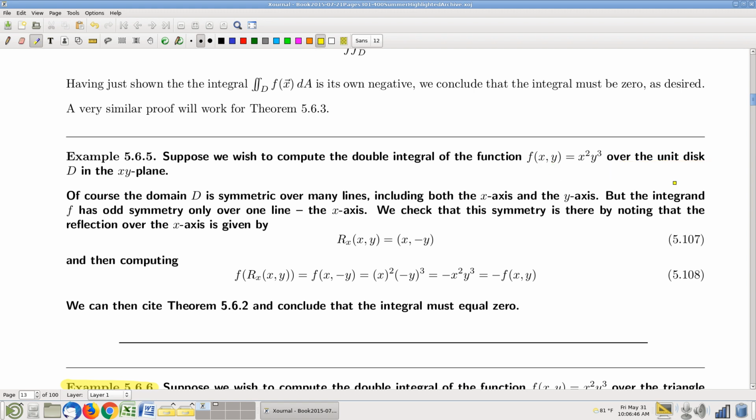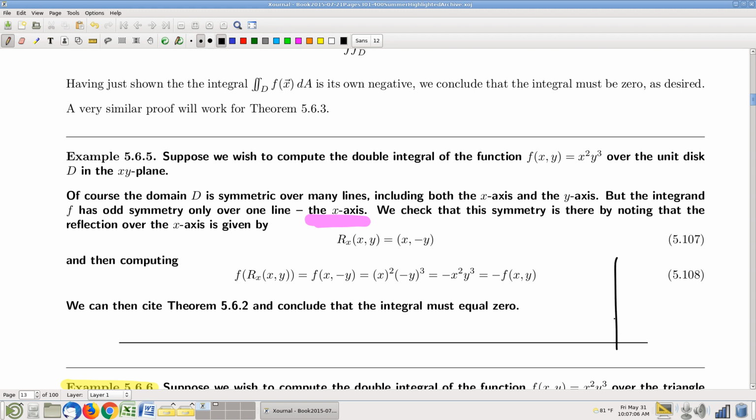So I'm going to make this argument over the x-axis, and I'll come back and talk about why that is in a couple of minutes. But for the moment, let's think about the mechanics. So over the x-axis, what does it look like to reflect over the x-axis? Let's draw ourselves a little picture.